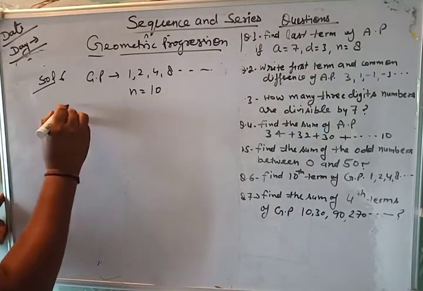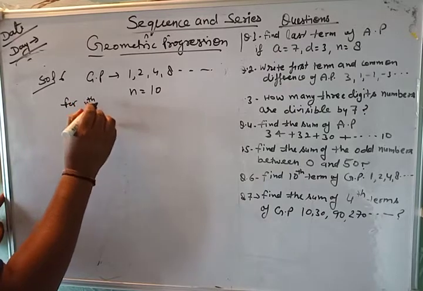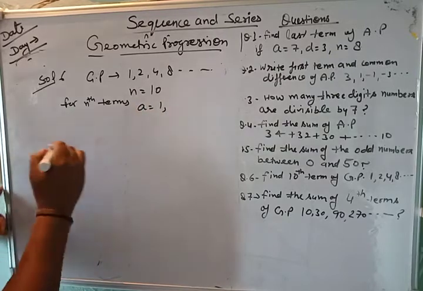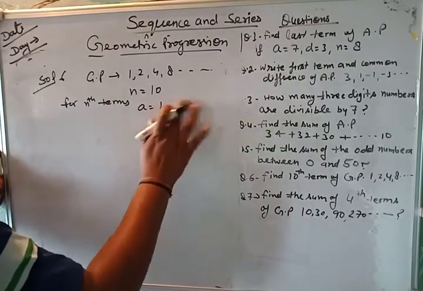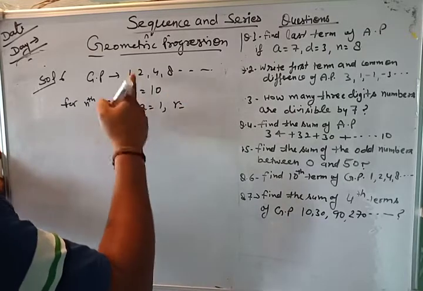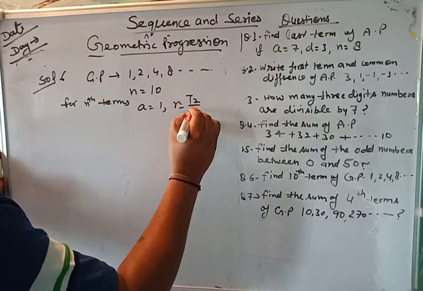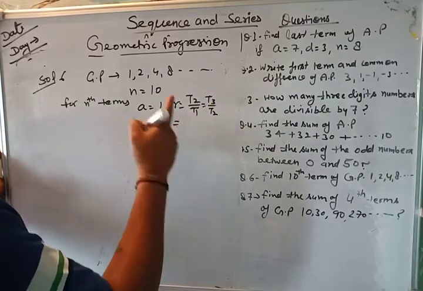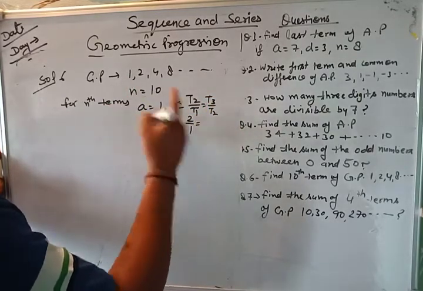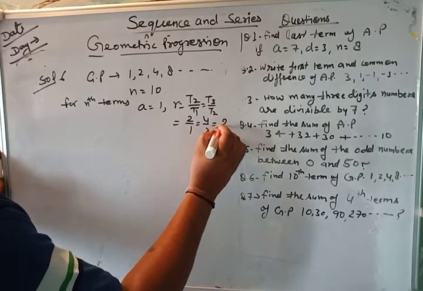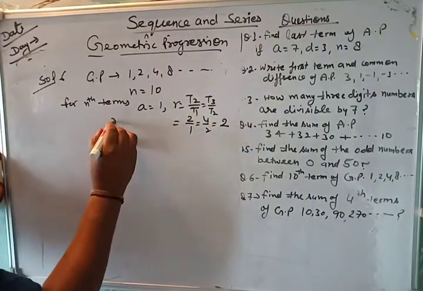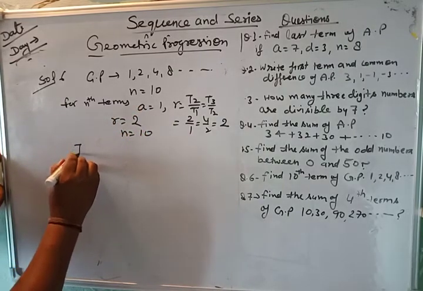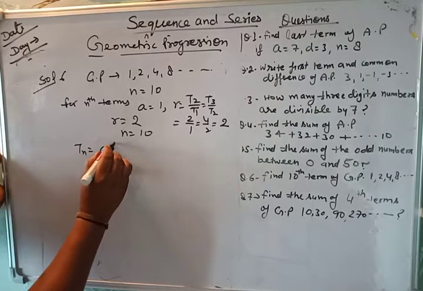So now use the formula for the nth term. a equal to 1, r equal to, this is very important, r equal to t2 by t1 or t3 by t2. तो now t2 by t1, 2 by 1 equal to 4 by 2 equal to 2. तो r equal to 2, a equal to 1, n equal to 10. Now use the formula tn equal to a r to the n minus 1.